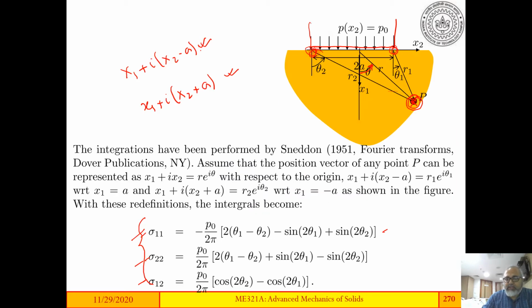So these circles are sine theta 1 minus theta 2 equal to constant. You can easily verify this, that circles that pass through these two edges are given by this expression.